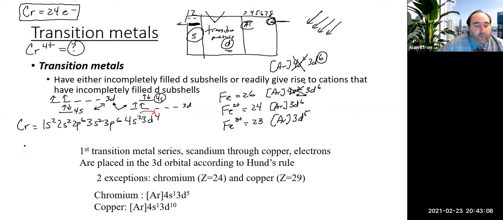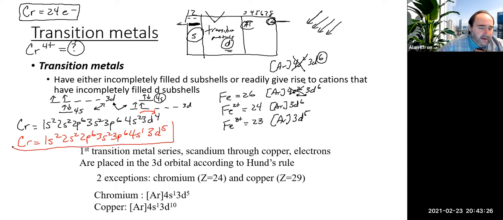And the real configuration is this exception. The main difference is it happens at the very end there. So it ends up being 4s1, one less electron in the s, and one more electron in the d, which is what we see here in terms of its configuration.